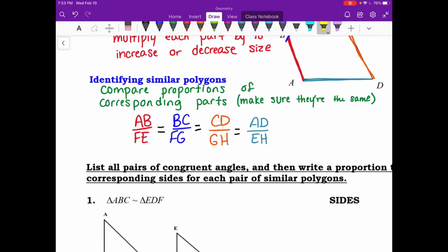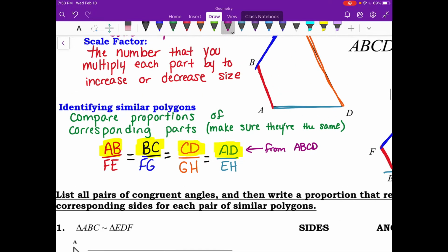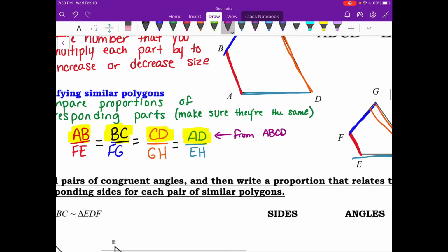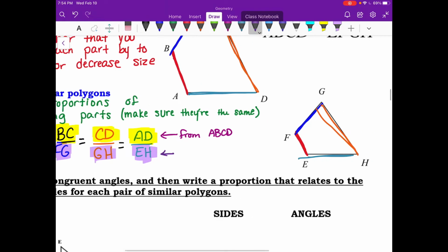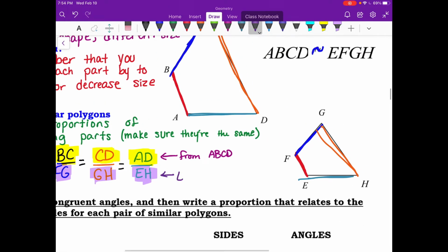Notice how all of my top letters are from one shape, ABCD, which is my first shape, the big one. Whereas all the bottom letters, FE, FG, GH, EH, are from my other shape, which was EFGH.